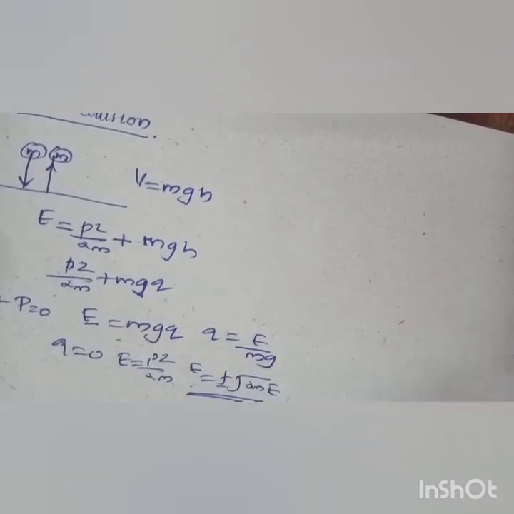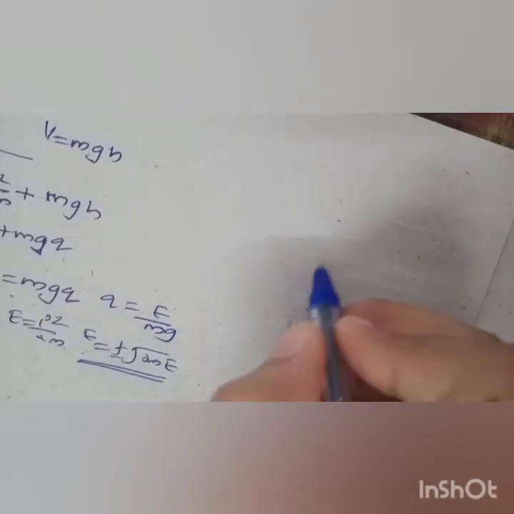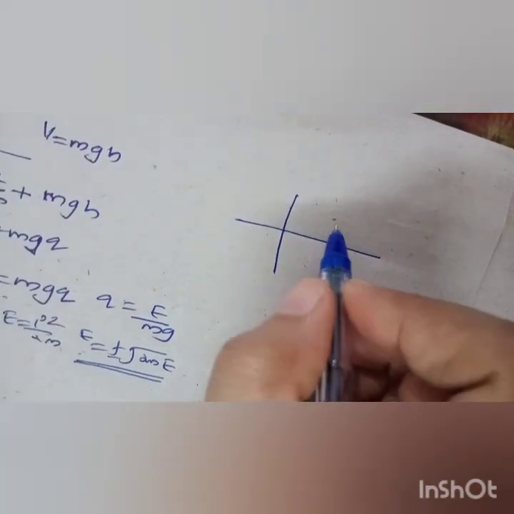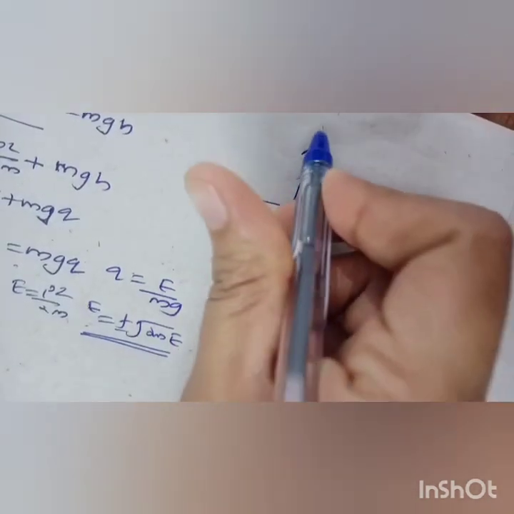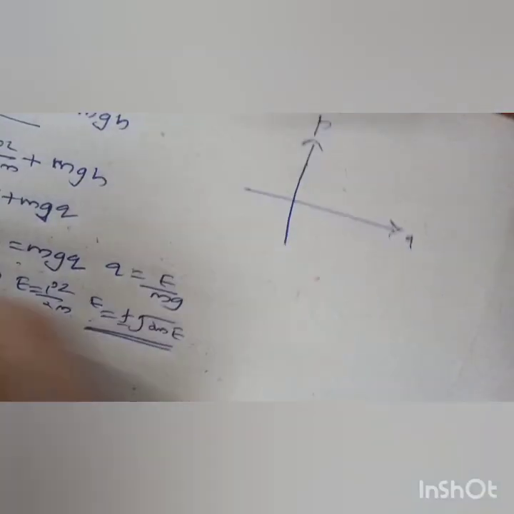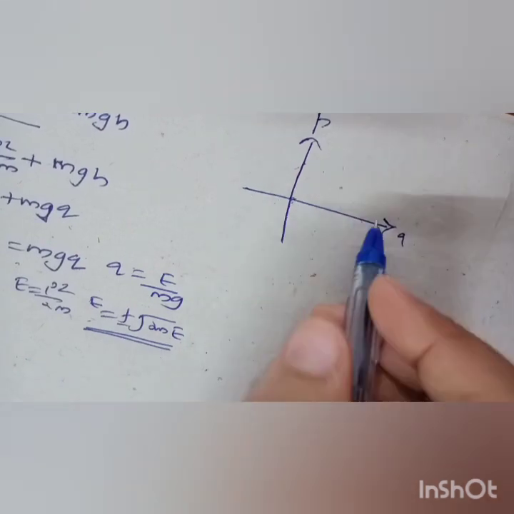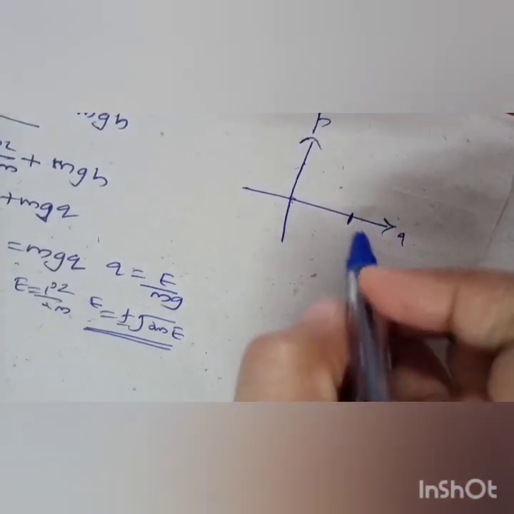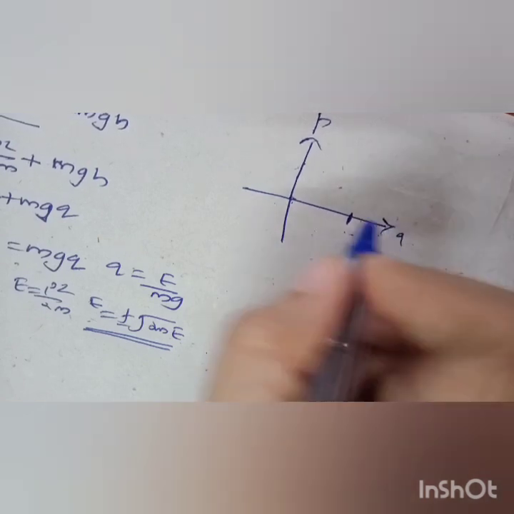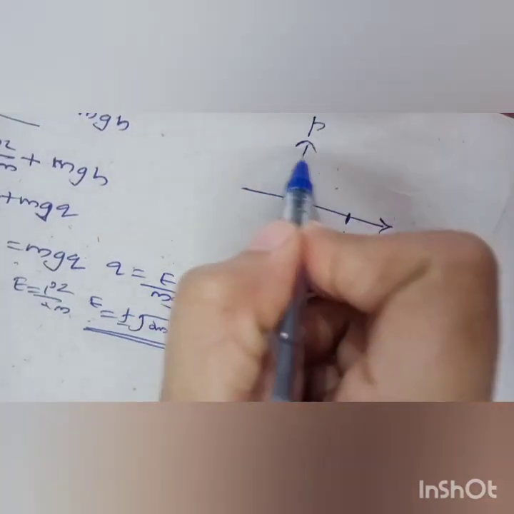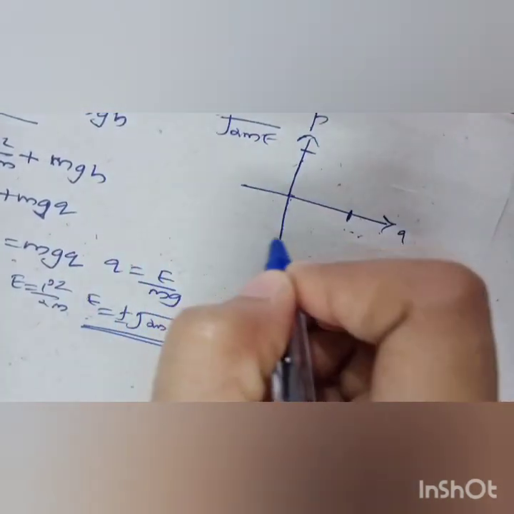So you got the points. So the phase space is like this, q along one axis and p along the other. When p is equal to 0, q is equal to E by mg, the point of maximum height. And if q is equal to 0, p is equal to plus or minus under root 2mE.